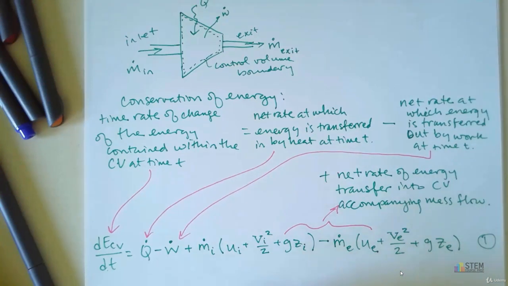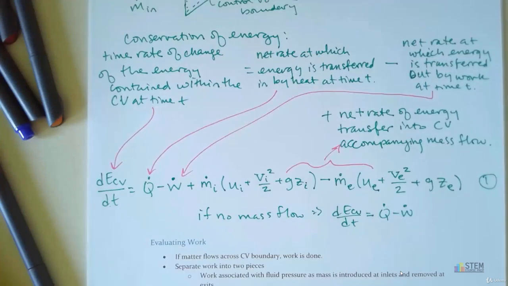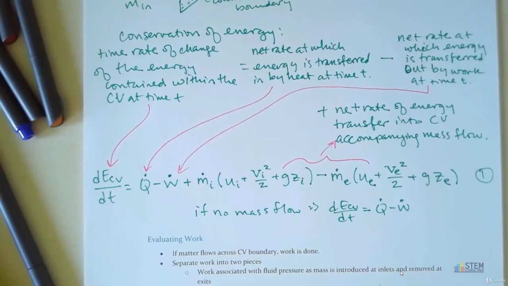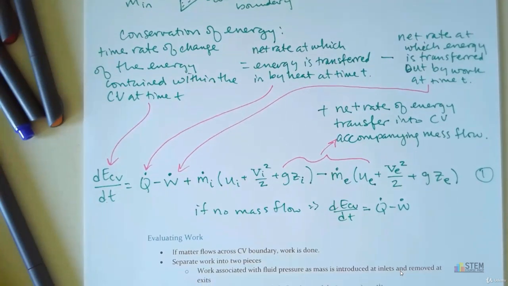And again, if there is no mass flow, just looking at this equation, this would go to 0, this would go to 0. So we could say that dE_CV over dt is equal to Q dot minus W dot. All right. So now we have that.